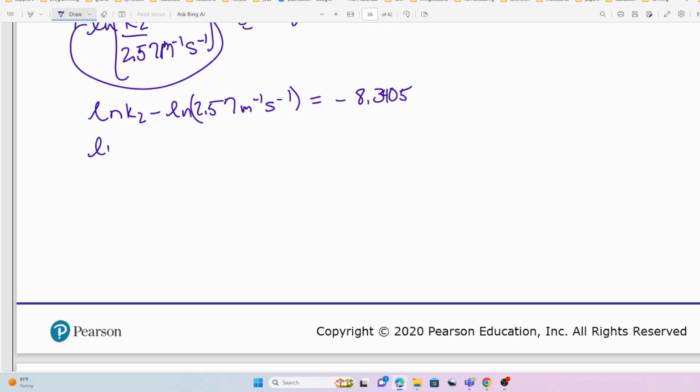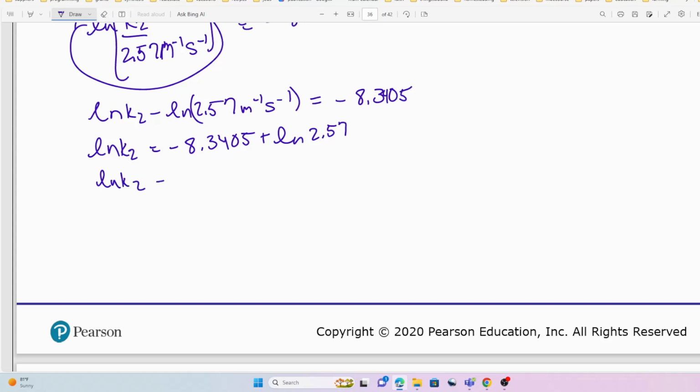So rearranging, the ln of K2 is equal to negative 8.3405 plus ln of 2.57. So the ln of K2 is equal to negative 7.3966.